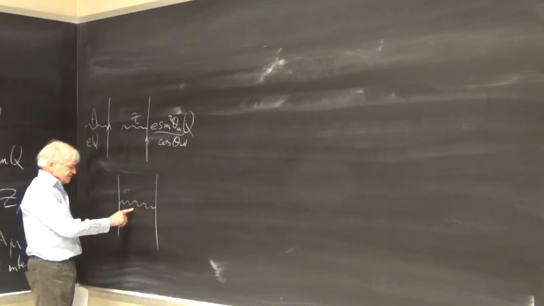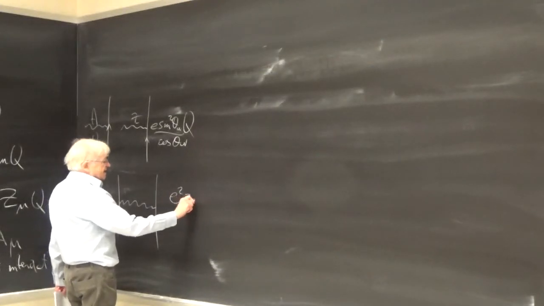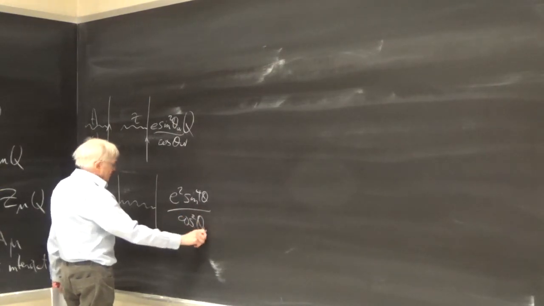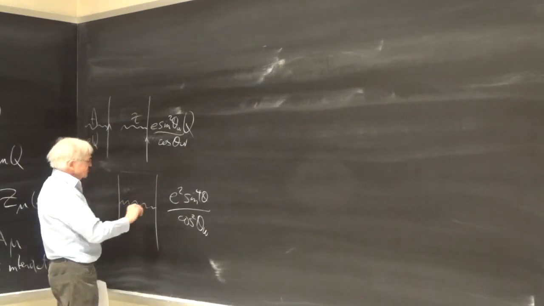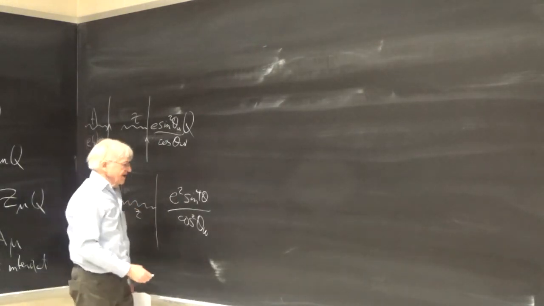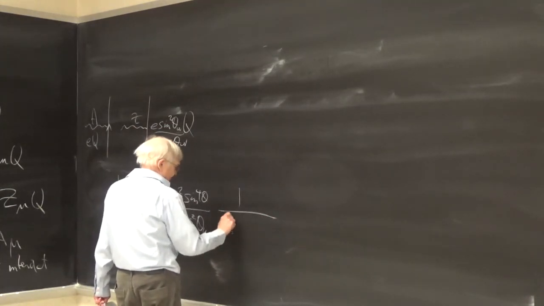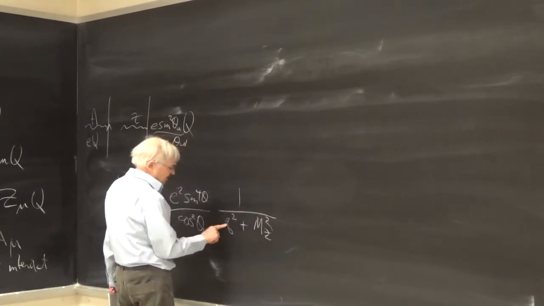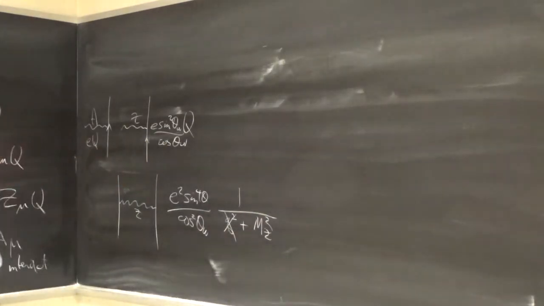So the amplitude for this process is essentially e squared sine to the fourth of theta W divided by cosine squared theta W, because there are two couplings there. And then the Z propagator, which is Q squared plus m_Z squared. And so for low energy, where you can forget the Q squared term, m_Z squared is the dominant feature.